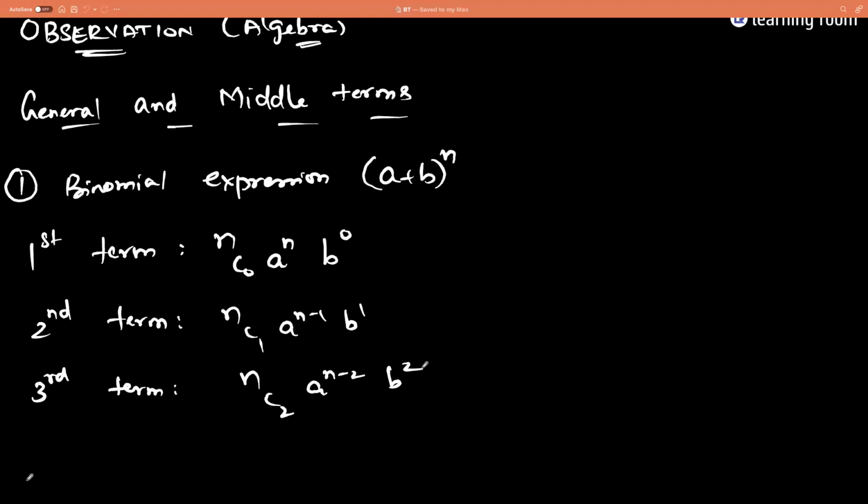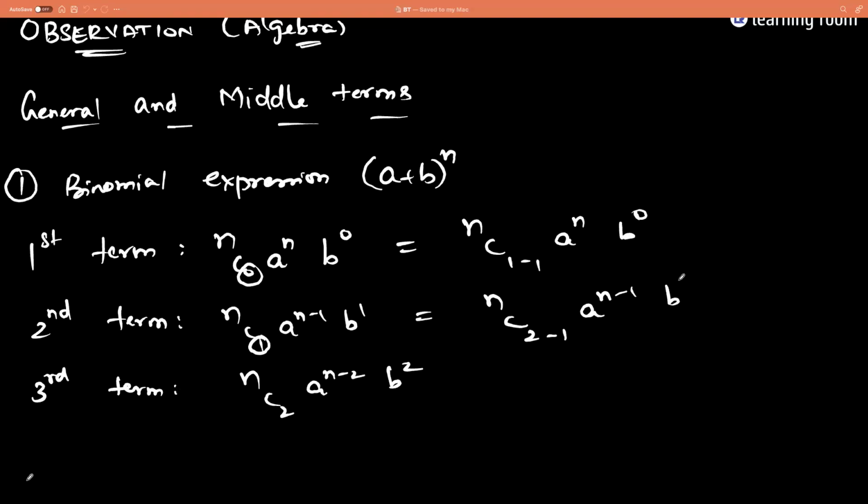Guys, am I clear with this? Clear, no? See, if you look at the first one, it is nC0. Can I write it as 1 minus 1? And a power n into b power 0. So this one, can I write it as nC(2 minus 1) into a power n minus 1 into b power 1. So how can I write this 2 as nC? 3 minus 1.